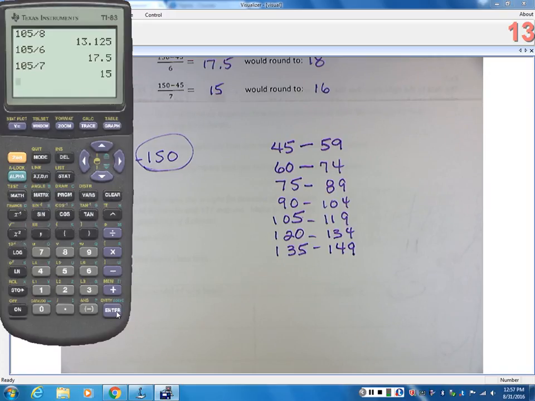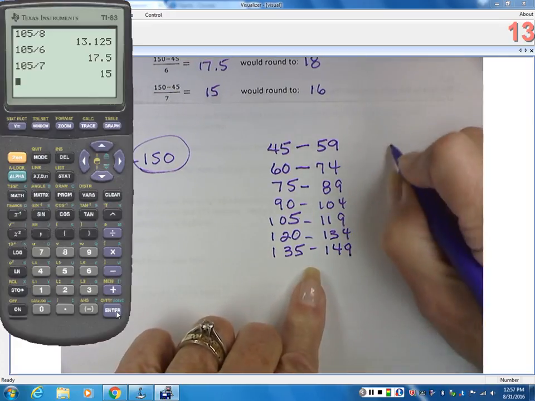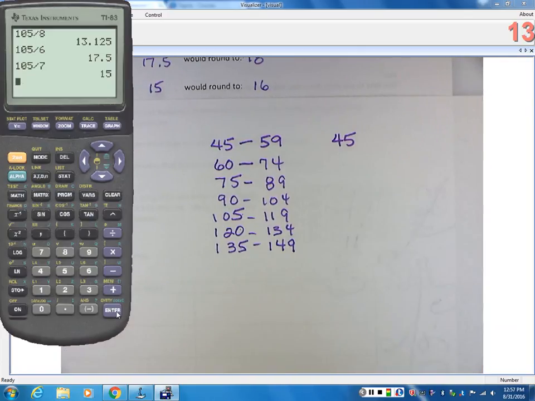Okay? So rather than making this frequency distribution, I should have been using 16. And if I use 16, I still start out at 45. But then I add 16 to 45. I'm going to start out at 45, and then I'm going to add 16 repeatedly until I get the rest of the lower class limits.